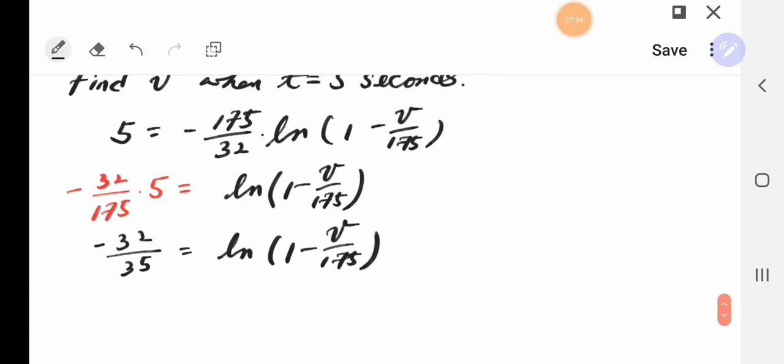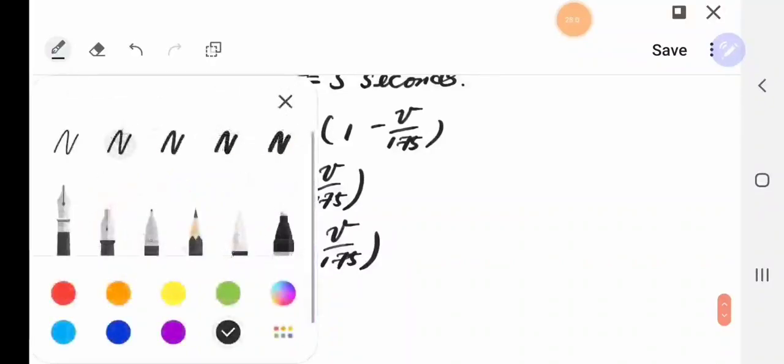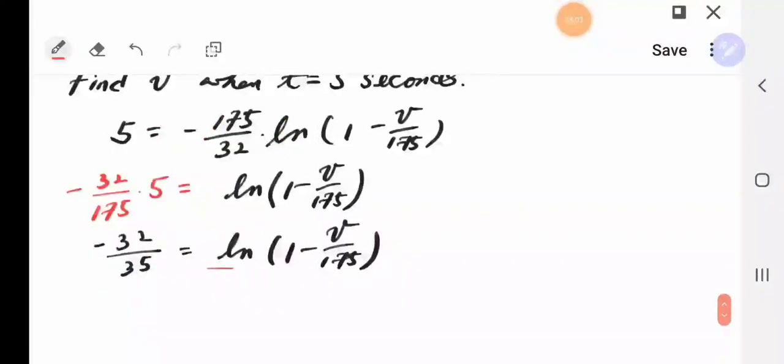So how do we get rid of this natural logarithm? Simple, right? Because natural logarithm has base e, we can just take base e. So why don't we take e on each side? So we have an exponential form on the left hand side and the right hand side.